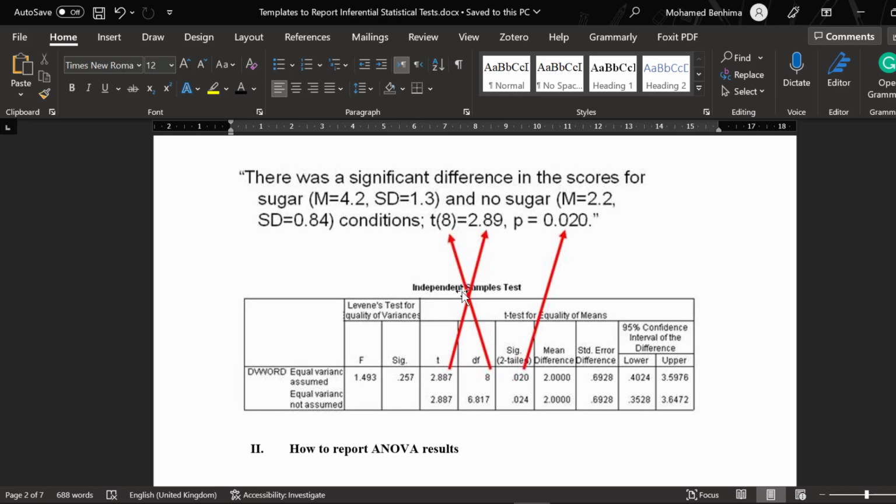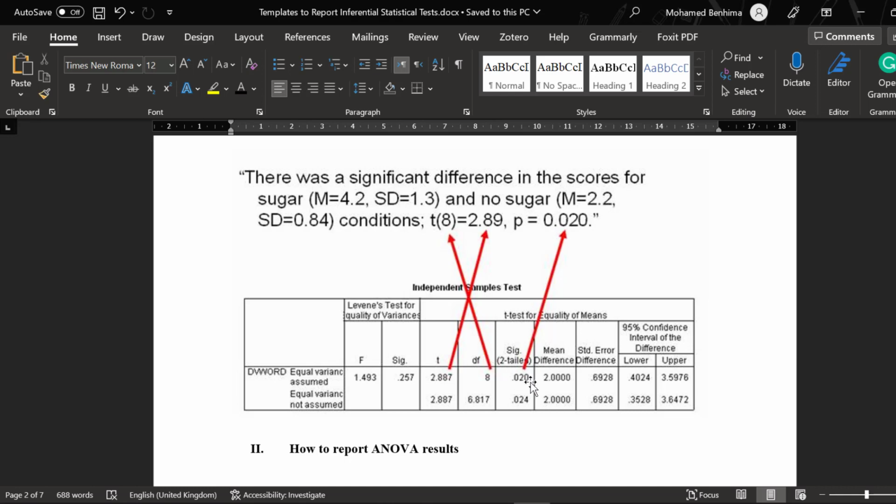So we have the t, we go to the degrees of freedom for the equal variances assumed, and we write it between parentheses, equals 2.89. It is taken from the t value that corresponds to the equal variances assumed, and then comma, and then p equals, and you put the Sig. (2-tailed).